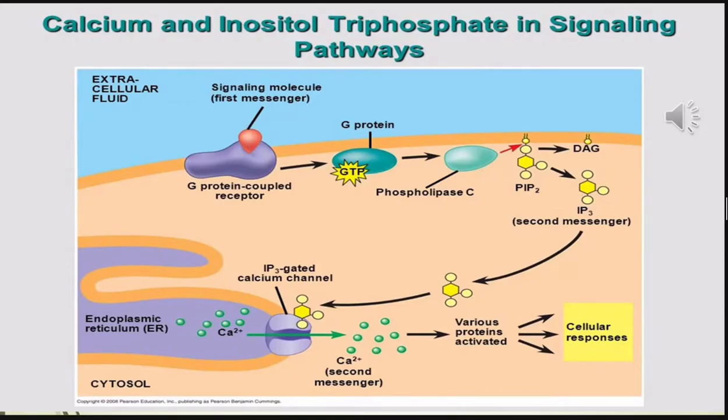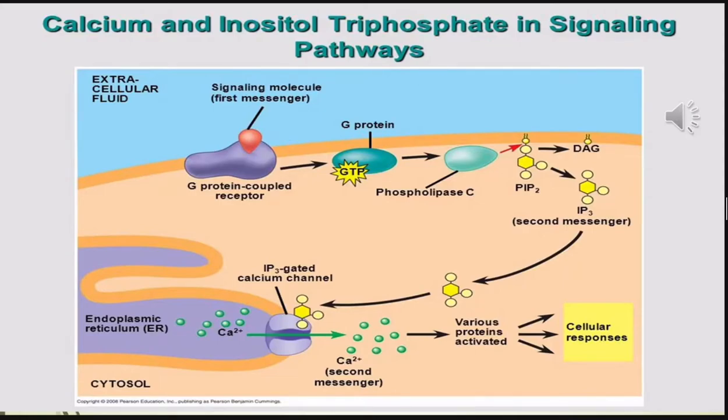Your inositol triphosphate will then open calcium channels in the endoplasmic reticulum, releasing enough calcium to act as another second messenger. This calcium will bind with various proteins, evoking a cellular response.